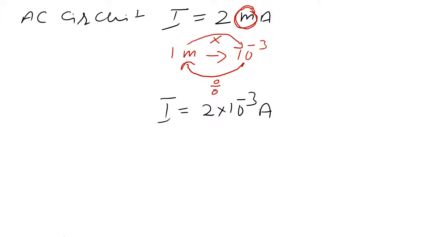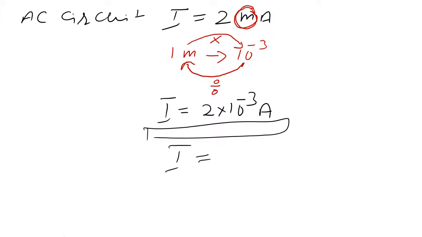But sometimes the current may be in ampere, like this. The current is equal to 0.01 ampere, and the question may say you change this current to the milliampere. So you have to change this ampere to the milliampere.